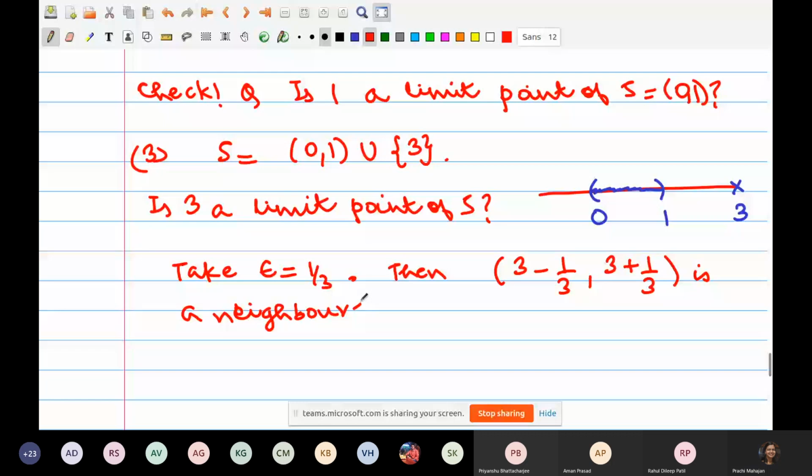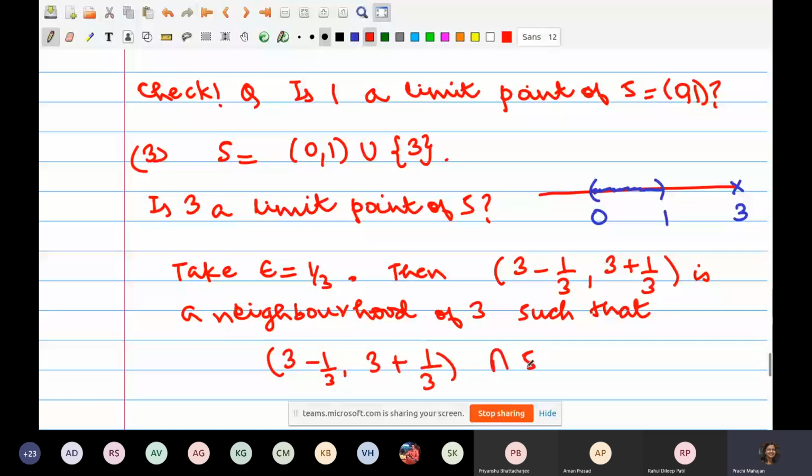So this is a neighborhood of 3 such that if you intersect this neighborhood with the set S, all you get is this point itself and nothing else.